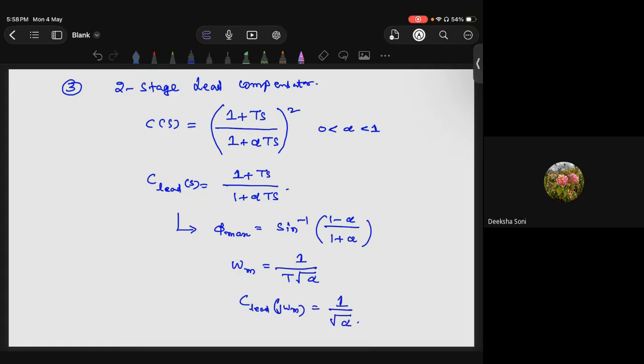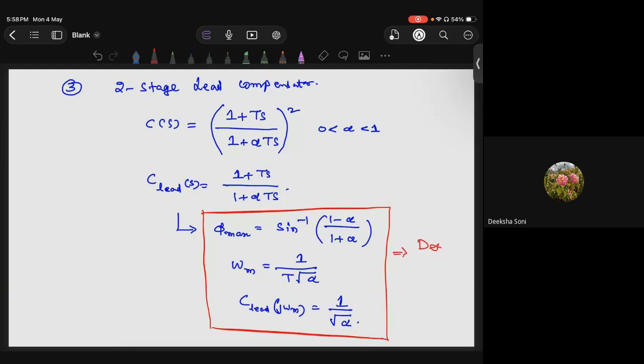For a single lead compensator, these are the design parameters. You have to find phi max, omega m, and alpha and T also.